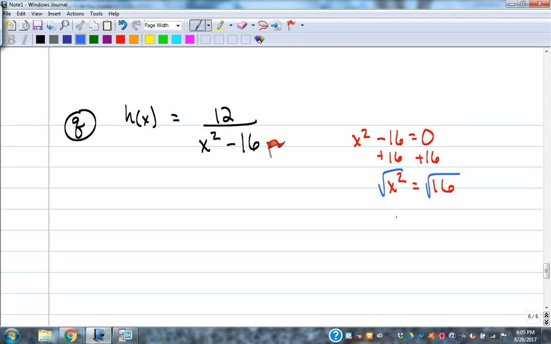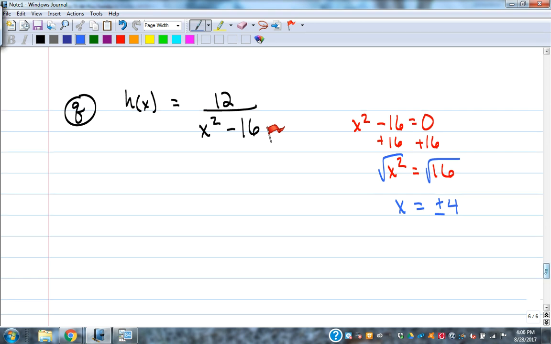What's the square root of 16? Plus or minus 4. That's a big part of that. Not only is positive 4 times positive 4 16, negative 4 times negative 4 is also 16. So we've got two numbers now that cause a problem with this one: positive 4 and negative 4.